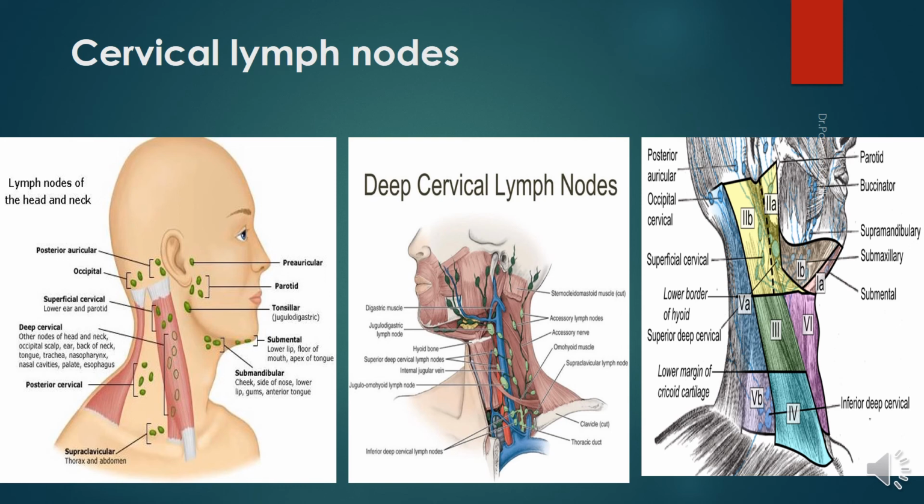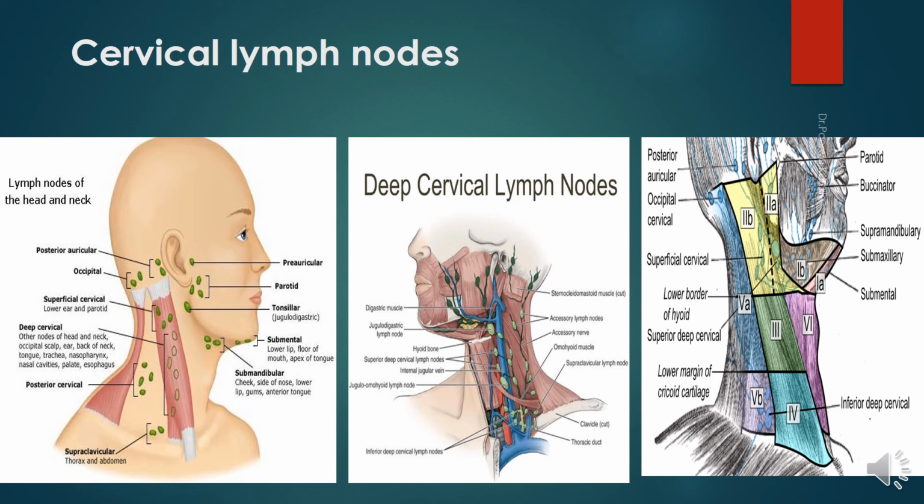Then the parotid or preauricular lymph nodes. They lie partly in the superficial fascia and partly deep to the deep fascia over the parotid gland, and they drain the temple region, side of the scalp, lateral surface of the auricle, external acoustic meatus, middle ear, parotid gland, upper part of the cheek, part of eyelids and orbit.